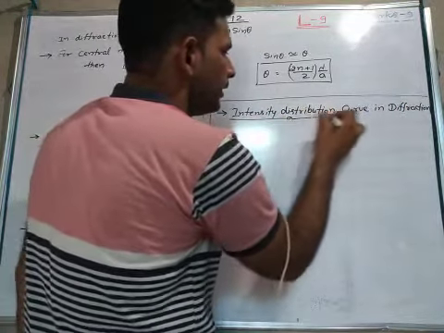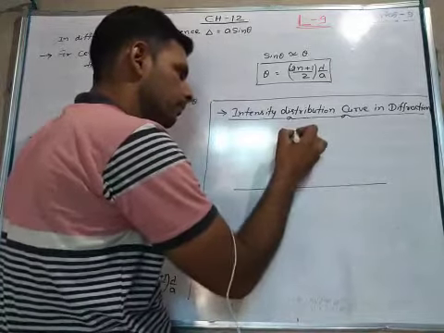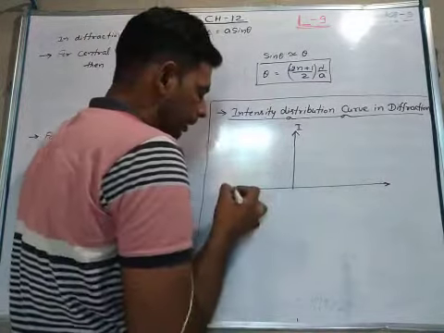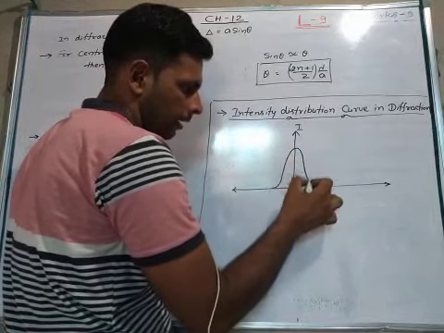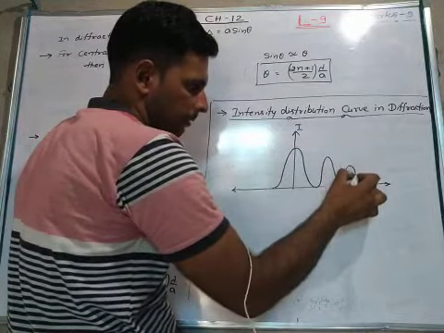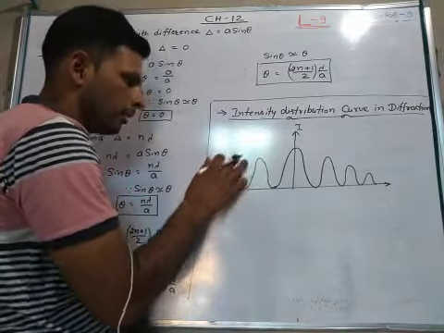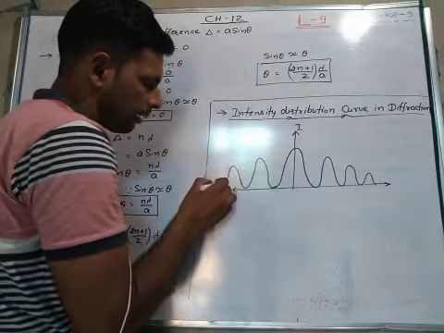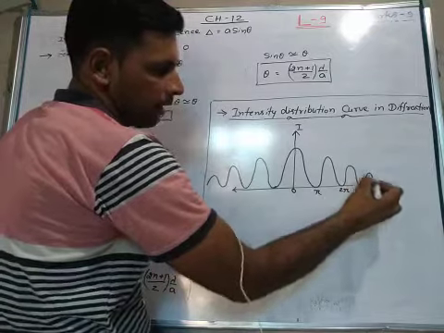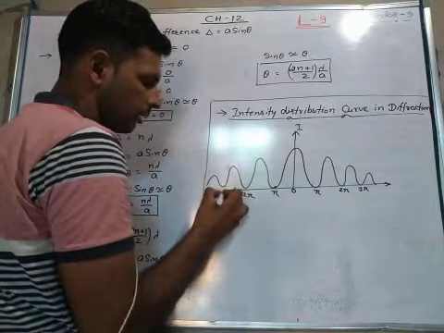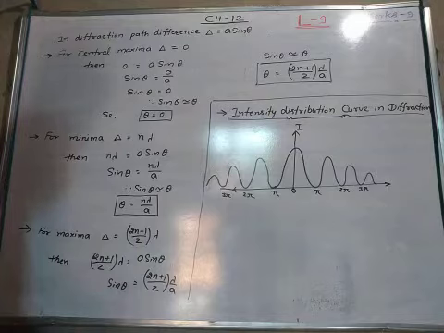The curve looks like this: intensity on this side and this side against phase difference, with central maxima at the center, then minima and maxima, and the intensity decreases continuously. The axis is marked 0, pi, 2 pi, 3 pi on each side. This is the intensity distribution curve in diffraction.